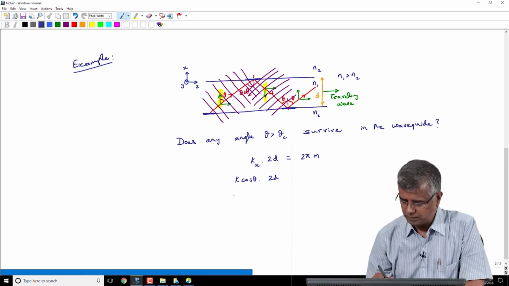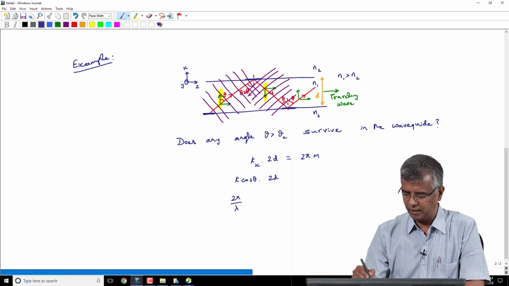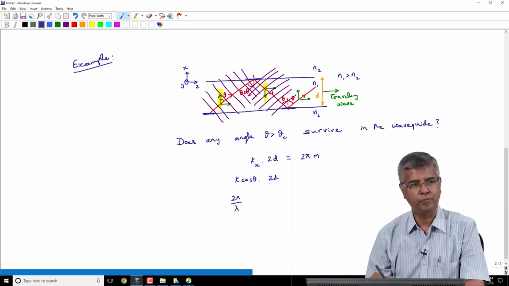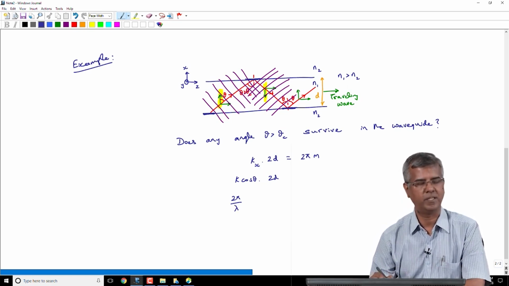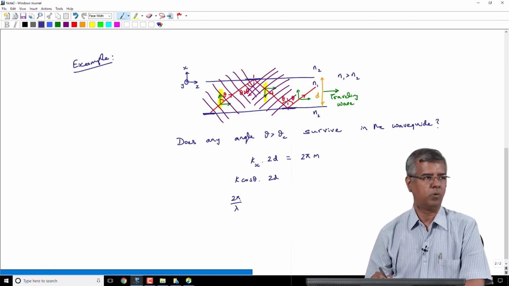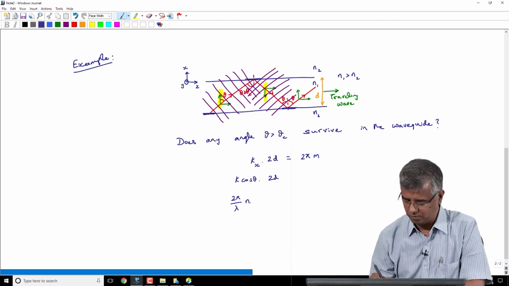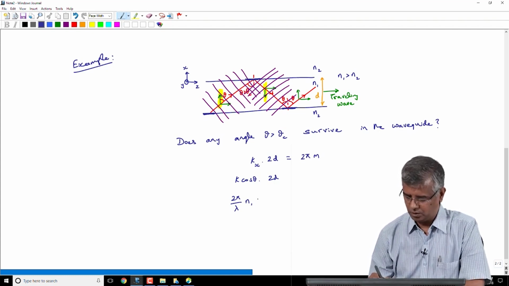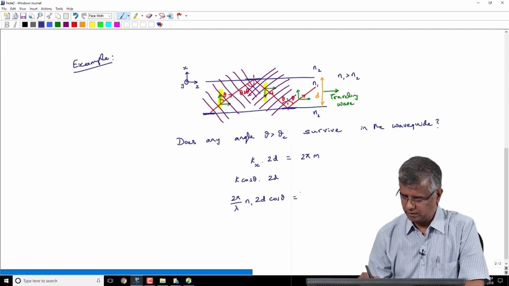So, this can be written as 2 pi over lambda, and it is not the free space wavelength. What is the wavelength of light in this medium? Lambda over n1. So, you have n1 here, times 2d cos theta.